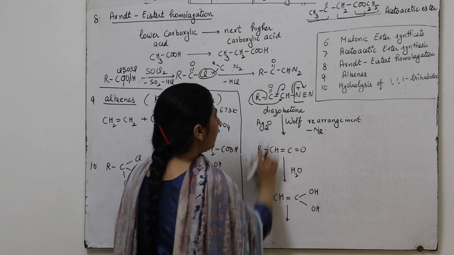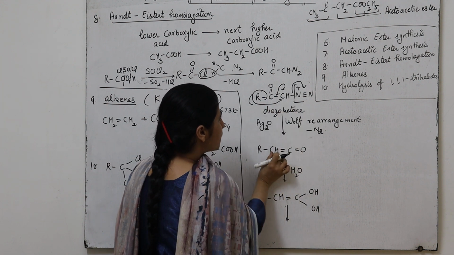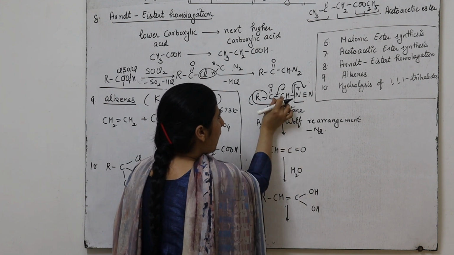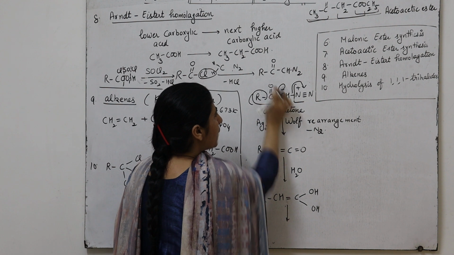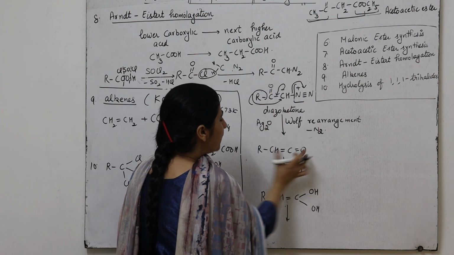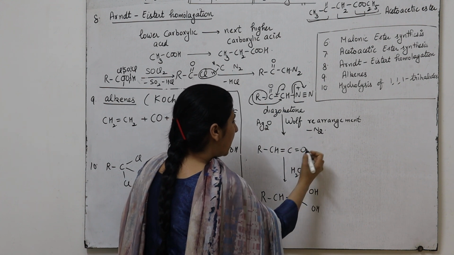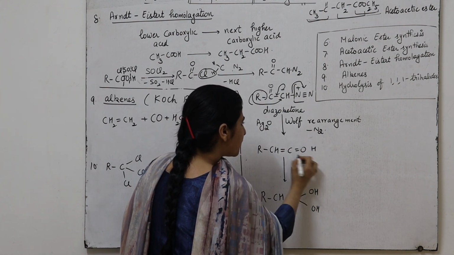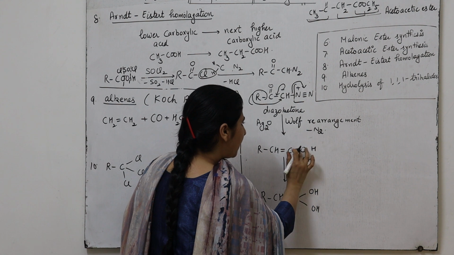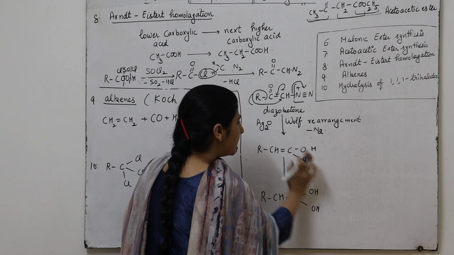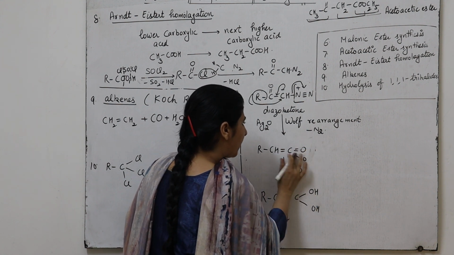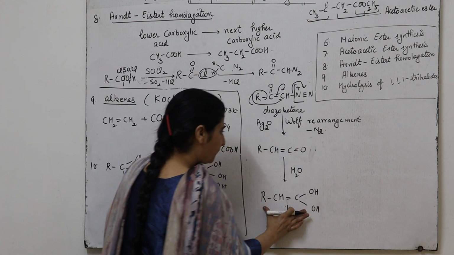This is R attached to CH group, again with a double bond, which is attached to a carbon-oxygen double bond. It further undergoes hydrolysis, which means adding H and OH, and the double bond is converted into a single bond, and we get a product, this one.